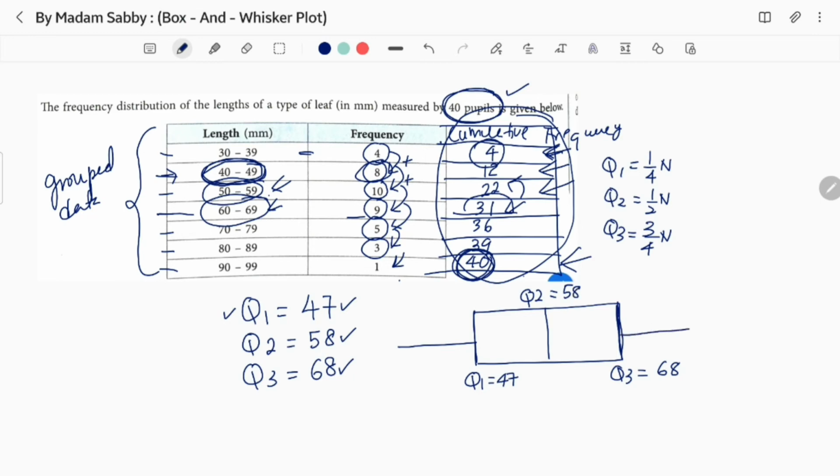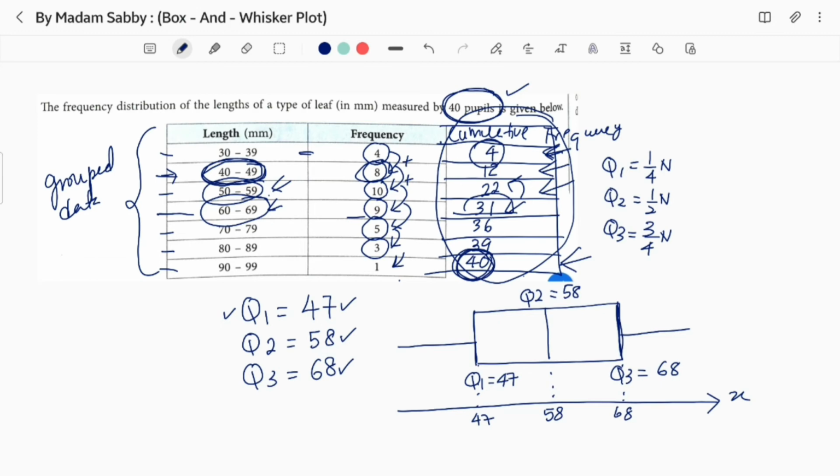This is the whisker. This should be enough to present your box and whisker plot. But don't forget to add your x-axis. Here it is at 47, your Q2 should be 58, and this one should be at 68. So this is the very basic box and whisker plot.